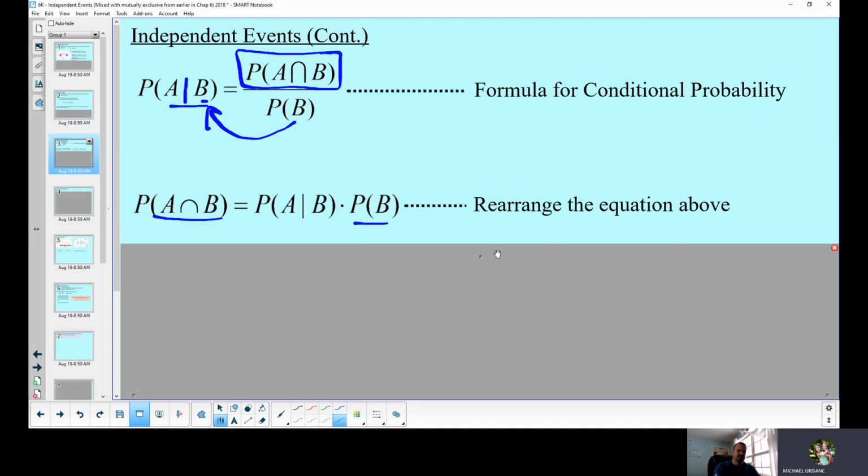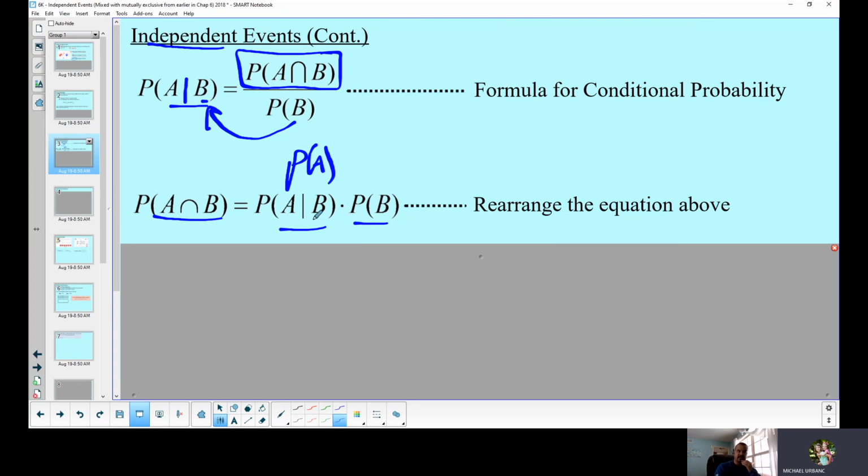But now think about this in terms of what we talked about with independent events. We said that independent events do not impact each other, the probability. So if I ask you the probability of A given B, well, if A and B are independent events, then that means the probability of A given B shouldn't be any different than the probability of A. Think about that for a second.